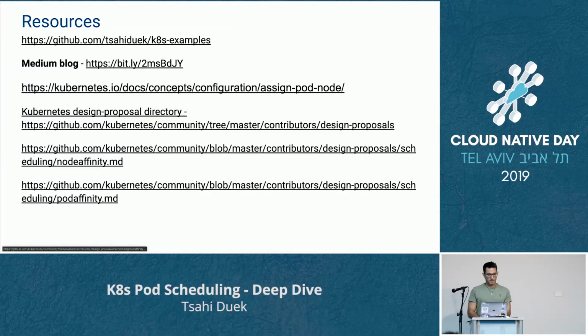And this is the final demo for this presentation. You can find all these examples on my GitHub. I've created it just to simulate how easy it is to perform this test. I even wrote a Medium blog about this subject.